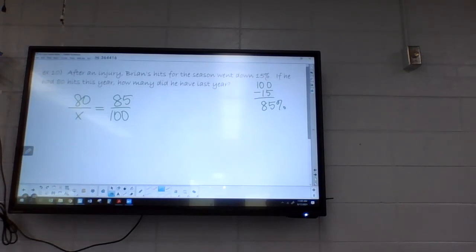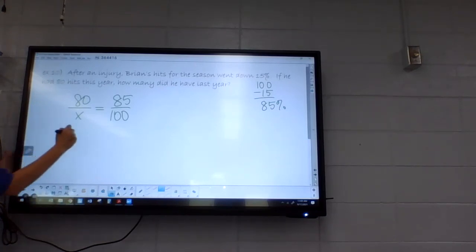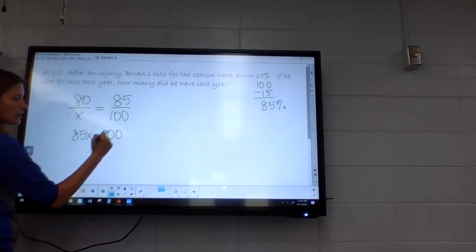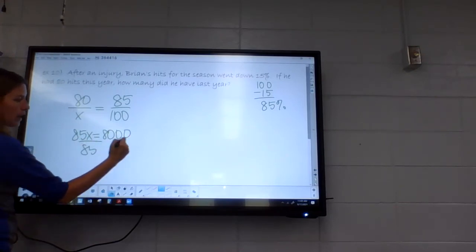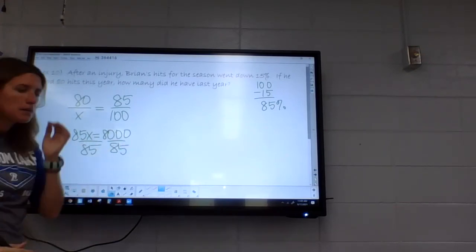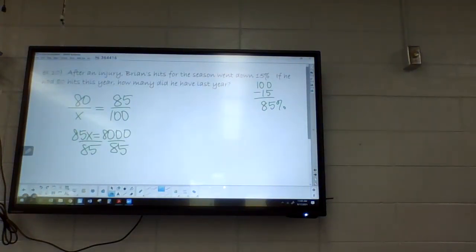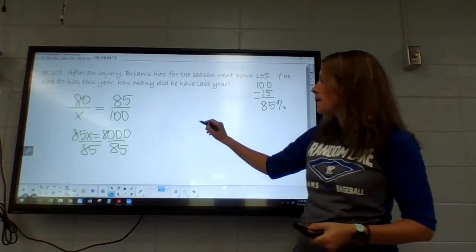The idea of proportions is that if the number on top is bigger, it's going to be bigger in both fractions. So 85x equals 8,000, and we'll figure out Brian's hits for last year, which should be a bigger number. It's like 94 hits.